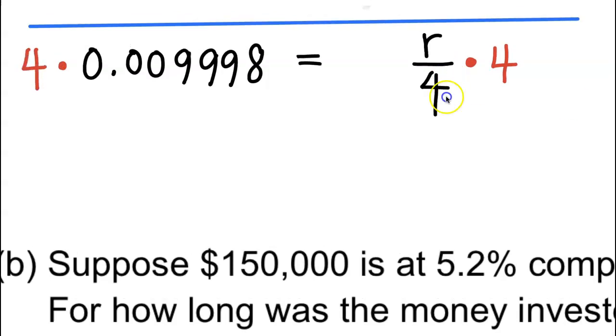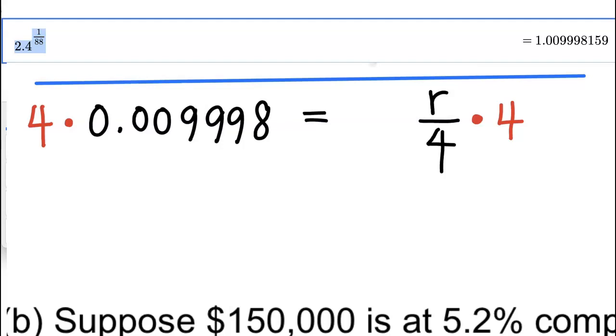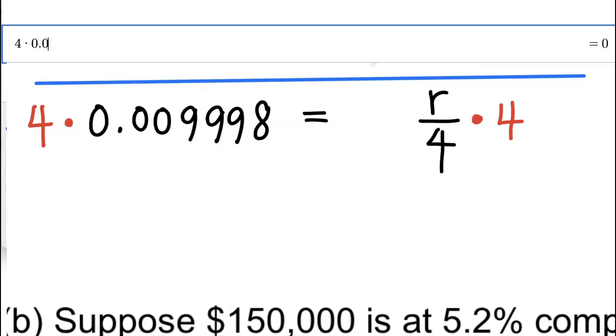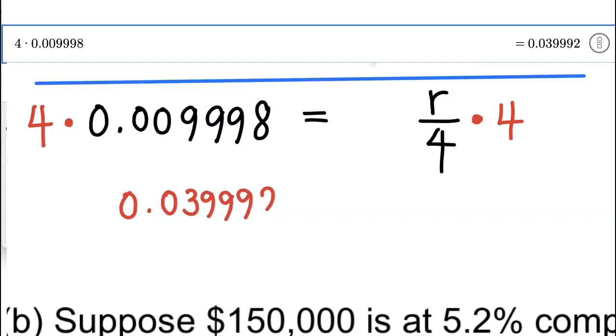I'm going to get a calculator and type in 4 times 0.009998. And that came out to be 0.039992. So that's what r is.